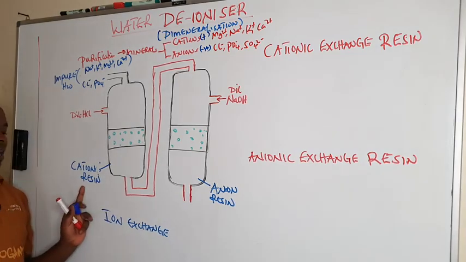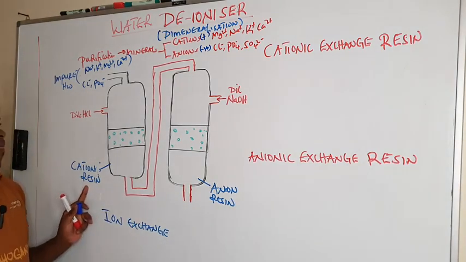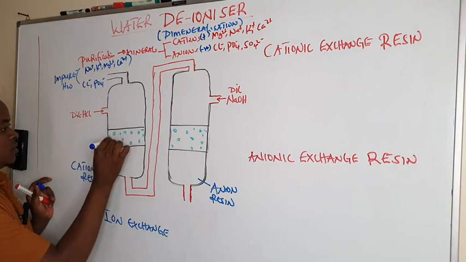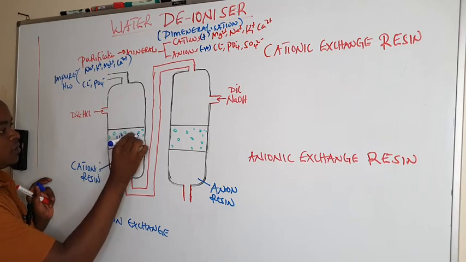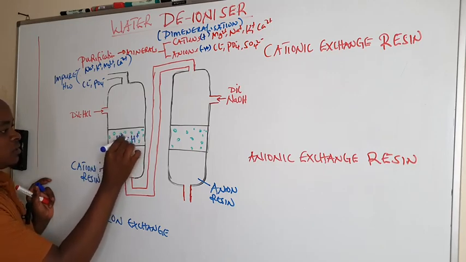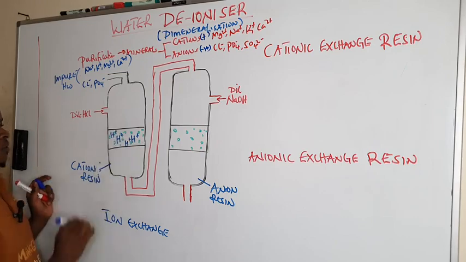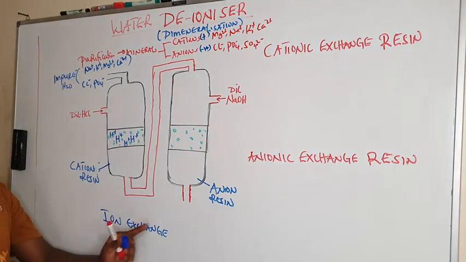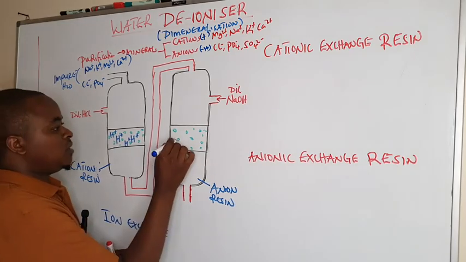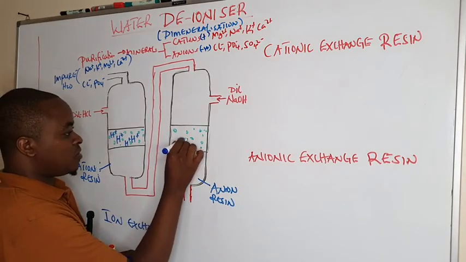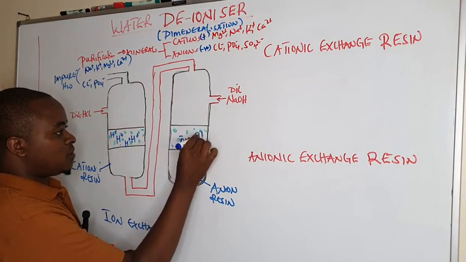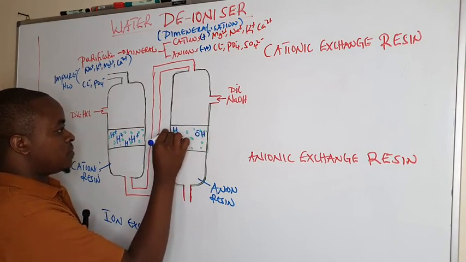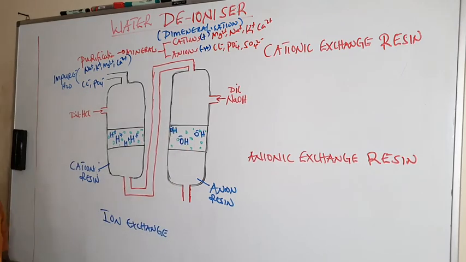The cation exchange resin contains hydrogen ions within it, whereas the anion exchange resin is made up of hydroxyl ions.